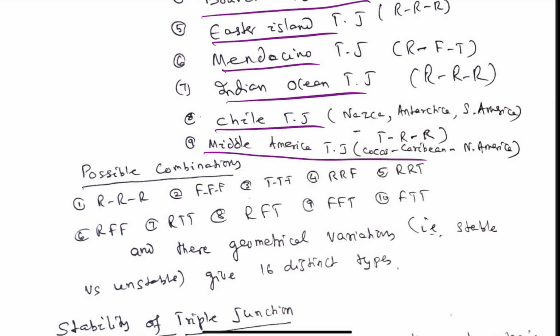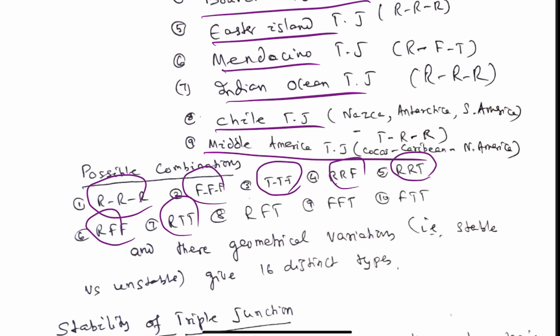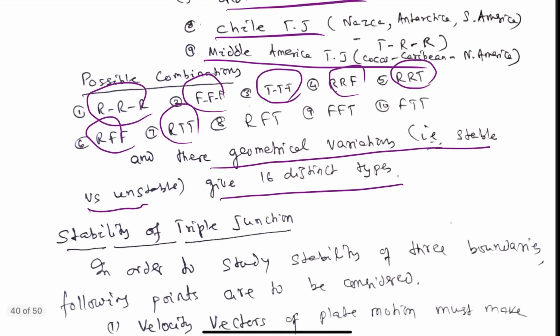The possible combinations are ridge type, fault type, trench type, ridge-fault type, and ridge-trench type. So these are some of the types, and their geometrical variations, stable versus unstable, give rise to 16 possible distinct types of triple junctions.